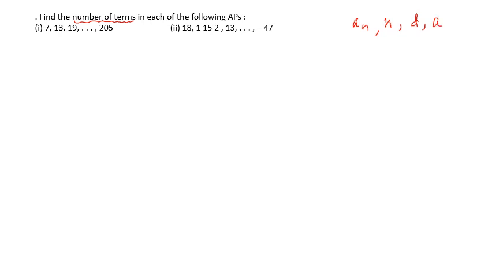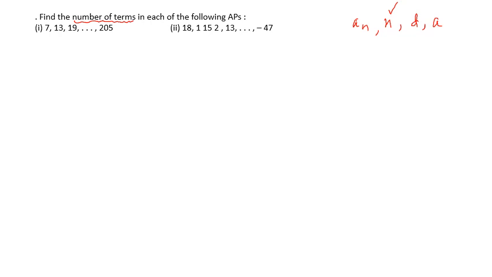These are the different things we have. What is it that they are asking? Number of terms means which one? An, n, d or a? N. Number of terms is n. An is the nth term. D is the common difference. A is the first term.